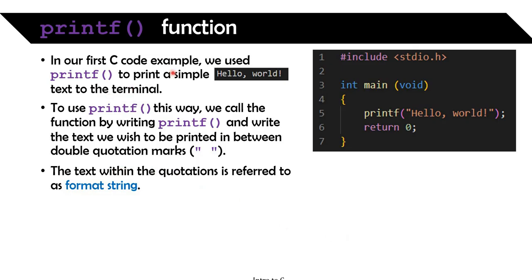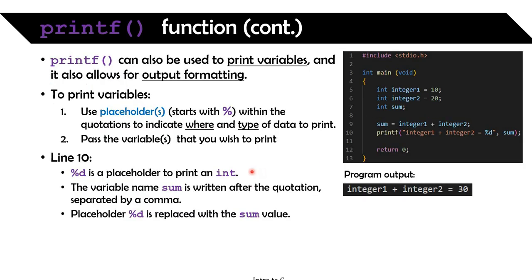I've already explained the printf function. Printf has double quotes, and whatever is inside, it prints. It identifies that as a string format. We have also seen how we can use it to print variables, and it also allows for output formatting. In order to print variables, we saw earlier that the placeholders always start with the %, followed by the data type, and you pass the variable that you want to print.